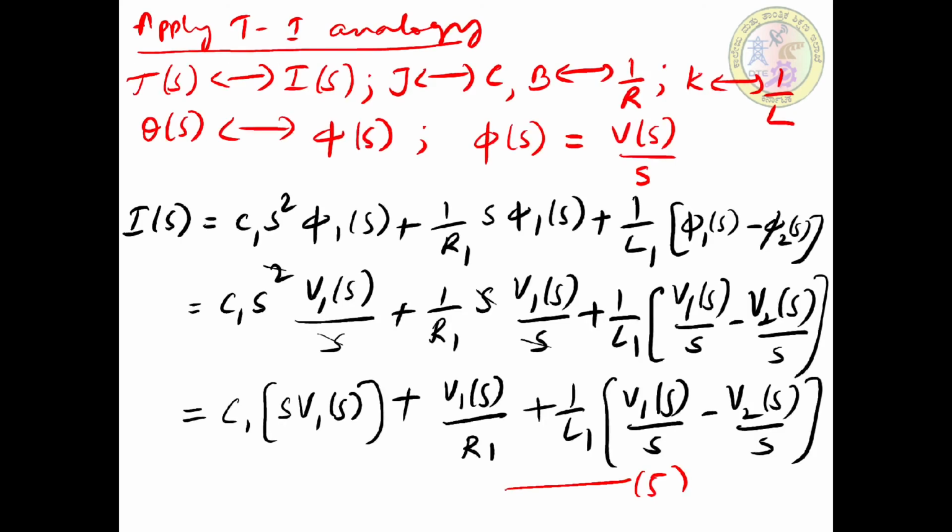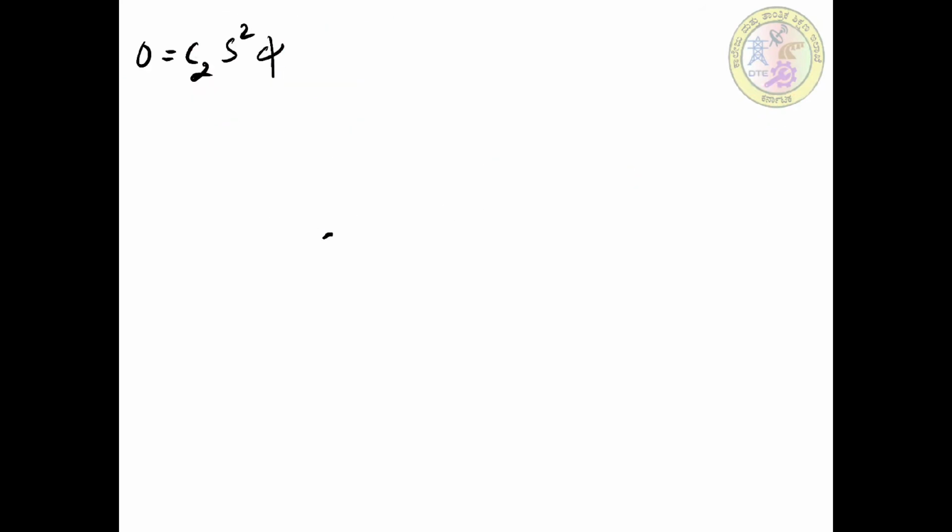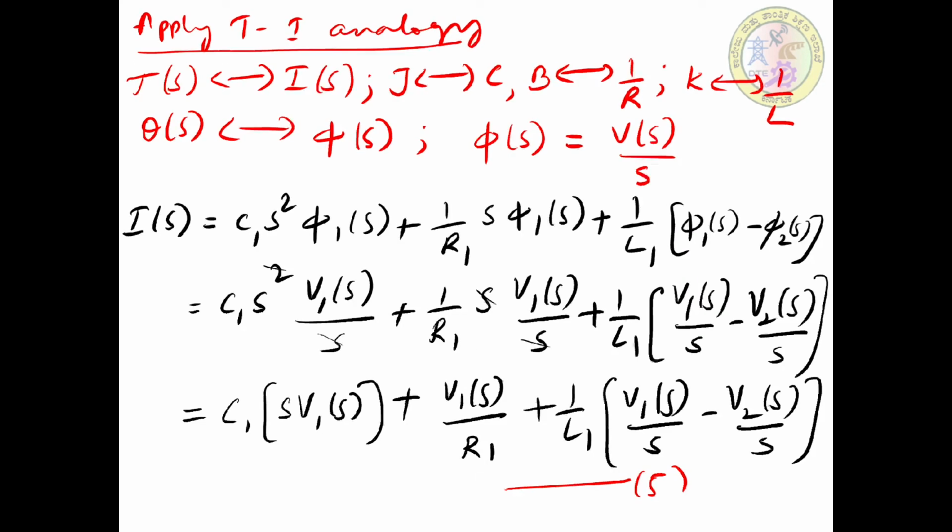So 0 equals C2 into the same s squared, but now it will be phi 2 of s, C2 into phi 2 of s, plus what are the next components we have?